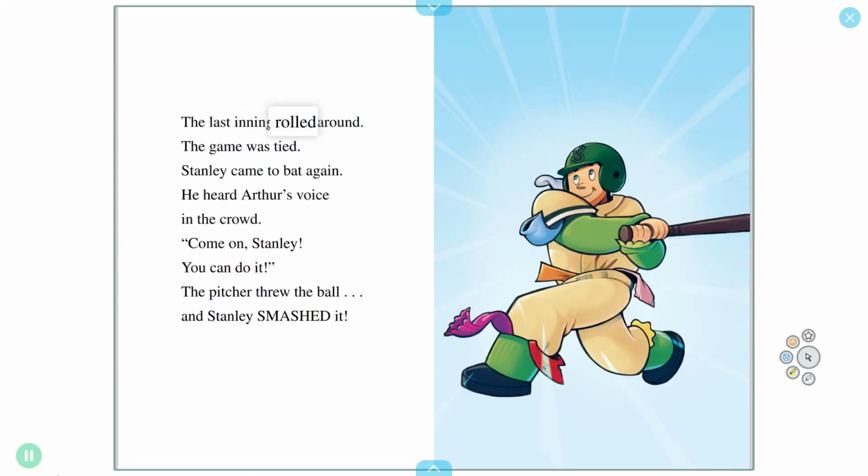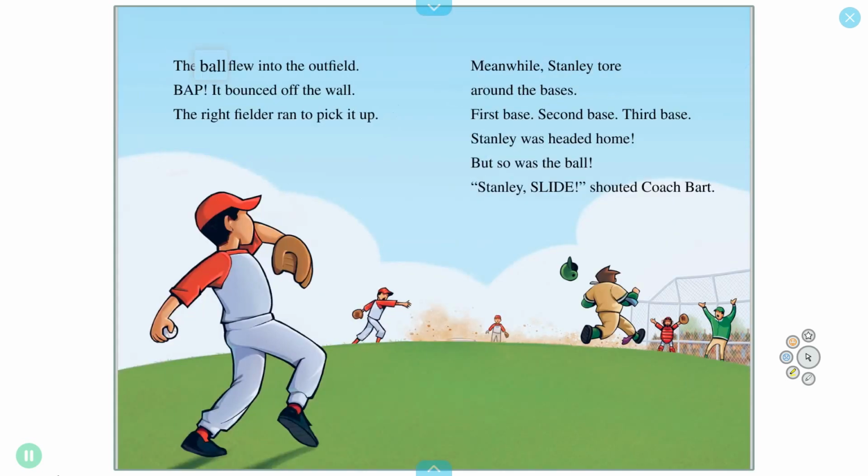The last inning rolled around. The game was tied. Stanley came to bat again. He heard Arthur's voice in the crowd. "Come on, Stanley! You can do it!" The pitcher threw the ball, and Stanley smashed it! The ball flew into the outfield.